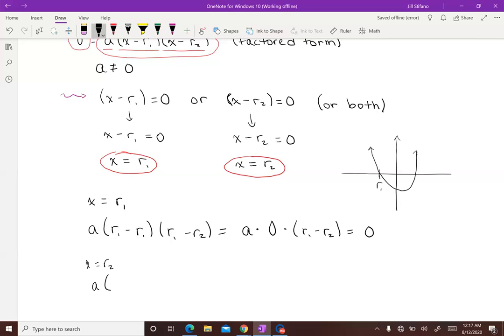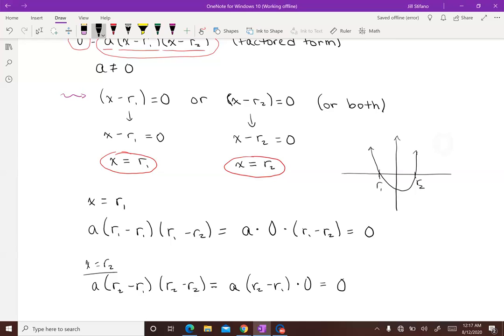We get a times r2 minus r1 times r2 minus r2, and this would be a times r2 minus r1 times 0, and again, anything times 0 is 0. So again, we get that our function at this point, x equals r2, is 0, so y is 0 at this point. So our graph crosses the x-axis at r2.